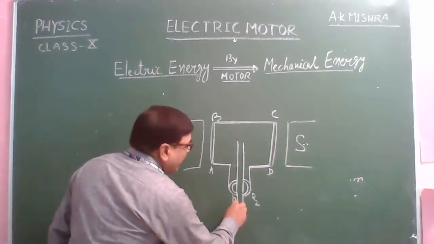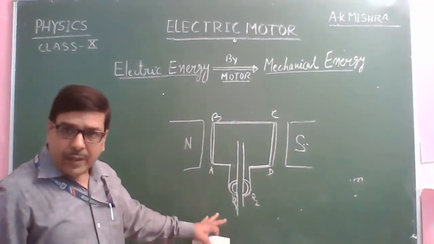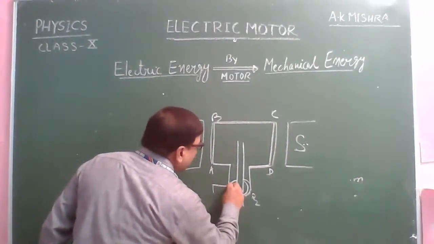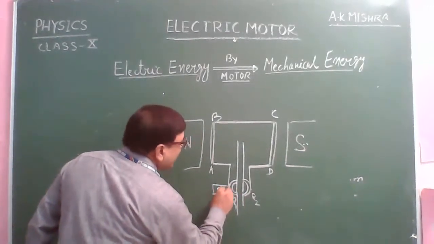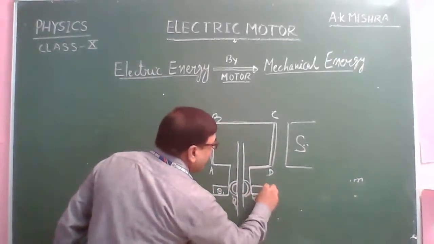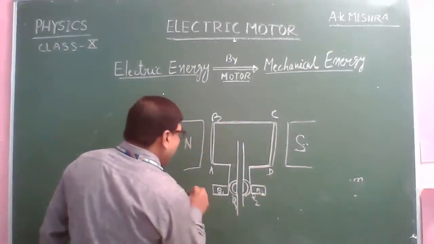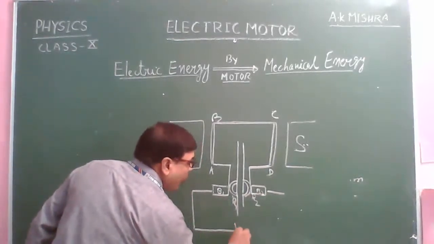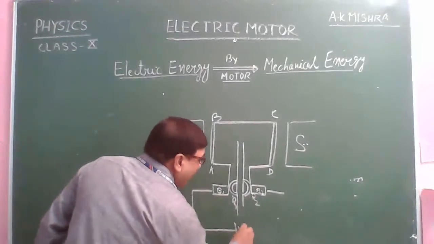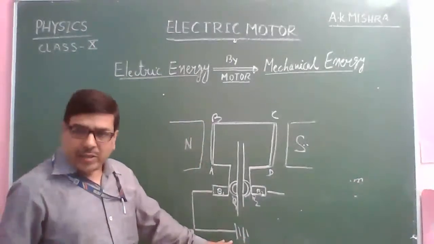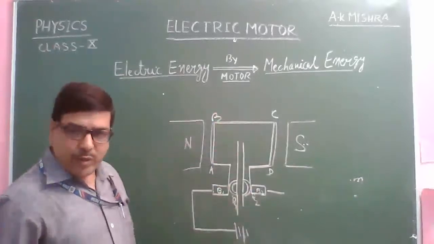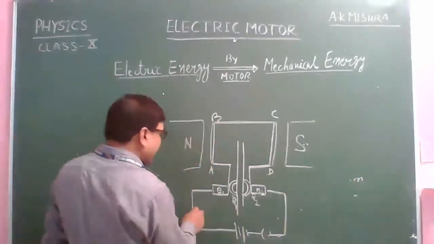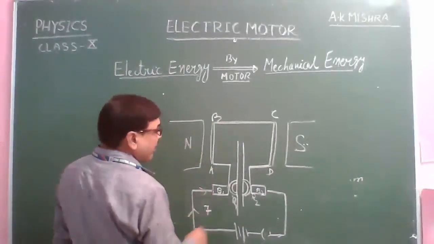Now, the split ring is connected with two brushes, B1 and B2. These terminals are connected with the source of electricity. Here I have drawn the motor, connected with a switch. This is the electric circuit.